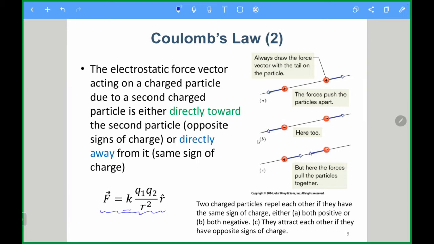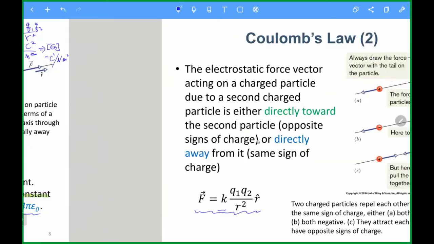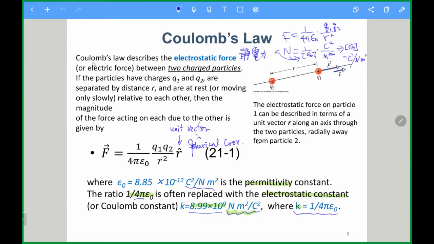Okay, so for Coulomb's law, it tries to describe the forces. Of course, this force is called the electrostatic force. It tries to quantify how large the force is between two charged particles.